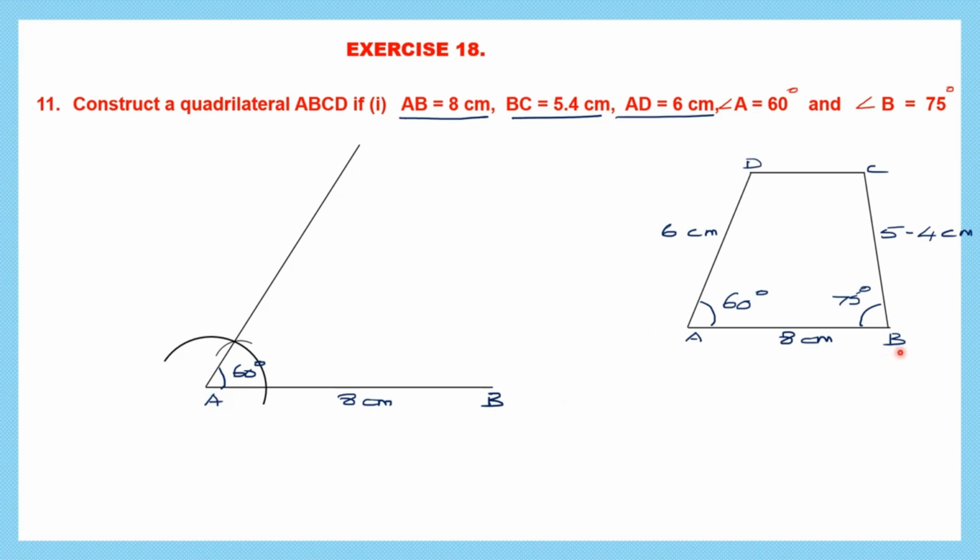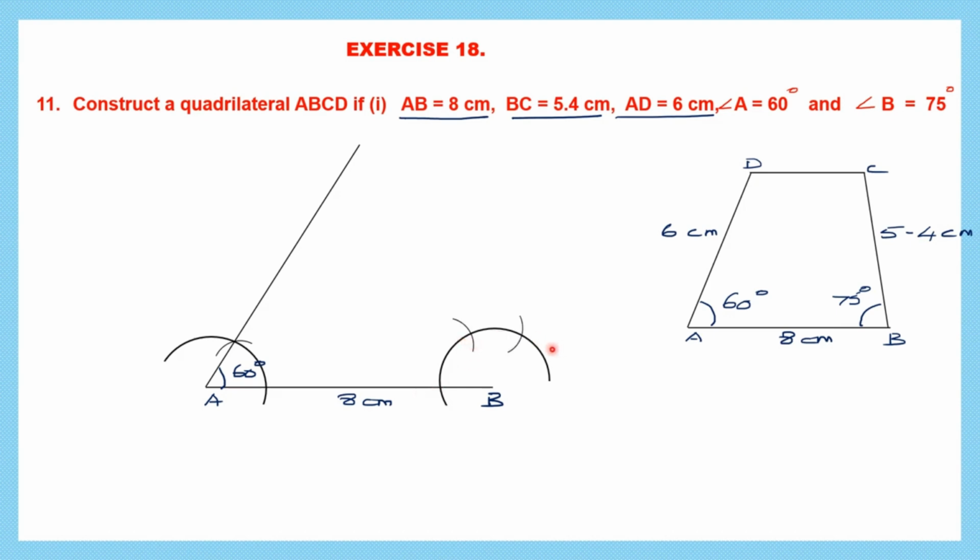Now let's construct 75 degrees at B. So at B we're going to construct 75 degrees. So we know how to do that. First we draw an arc and placing it here. Remember to draw the arc by placing it at point B, your compass. Now place the needle of the compass here at this point and cut one more arc.